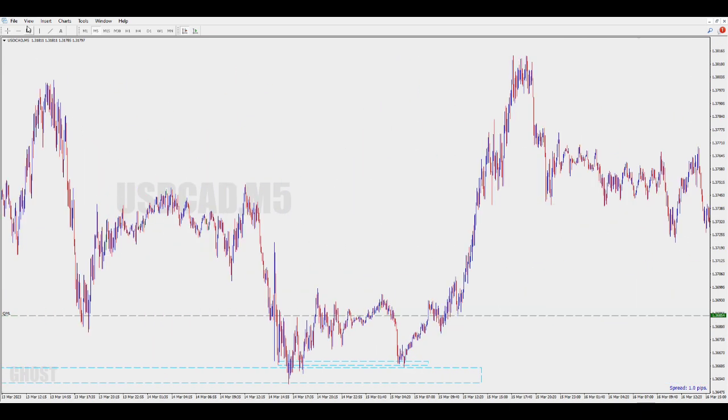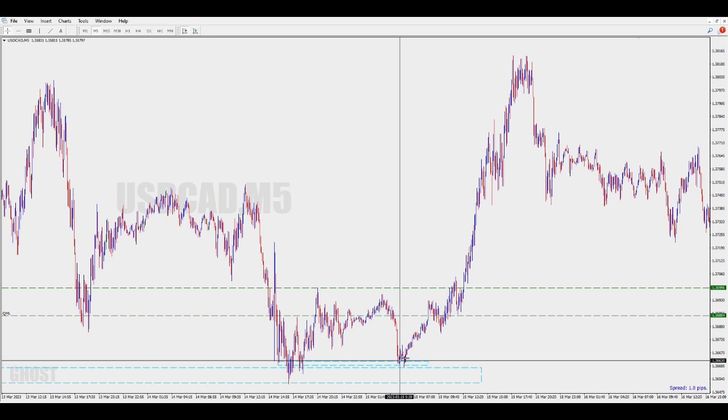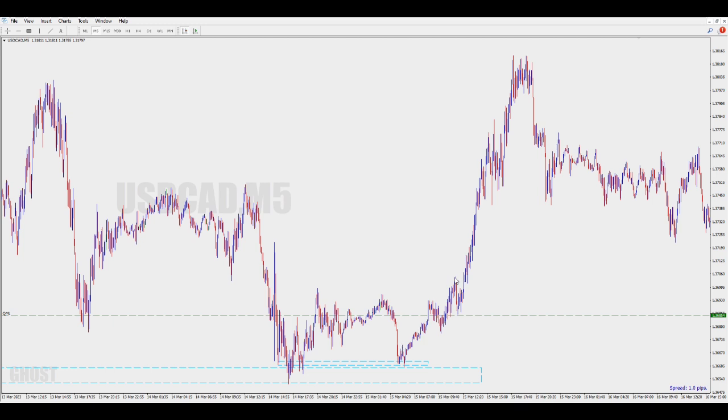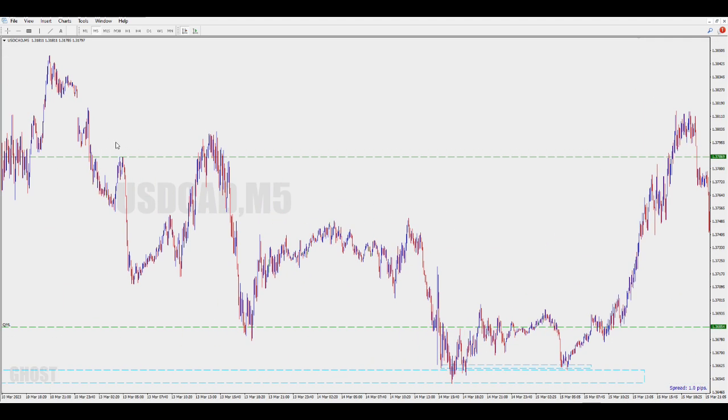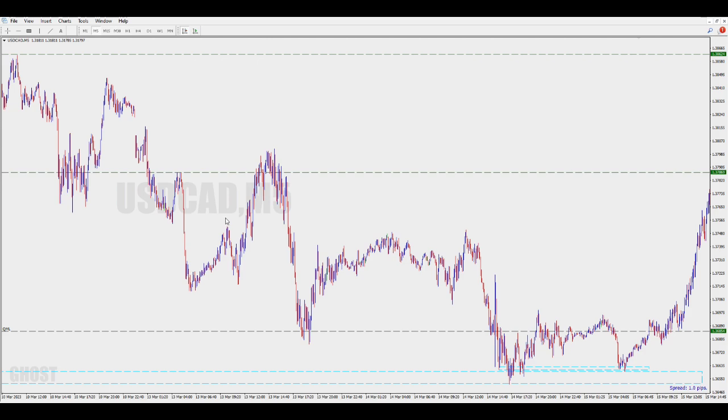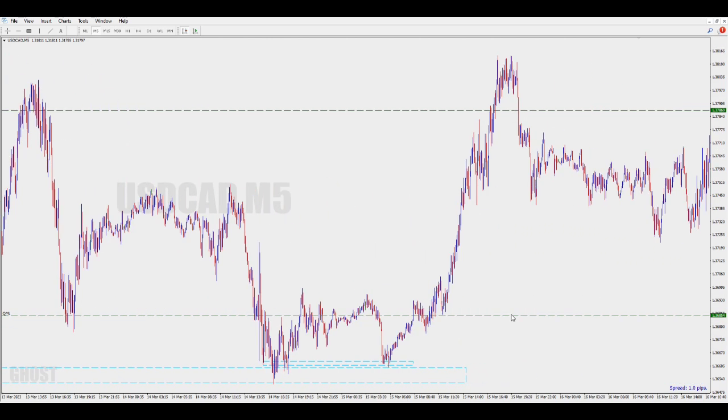You can exit at your first target here at the high, pretty safe, take profit in my opinion. Still a 1 to 3. If you want to hold it, you can close 20, 50, 70% of your trade and let the rest go to a higher target, which in my opinion is this gap over here.